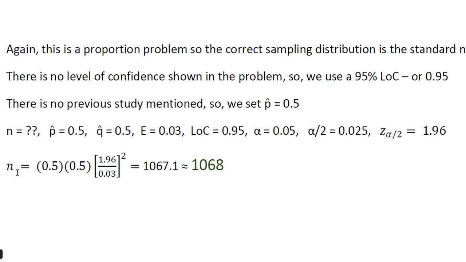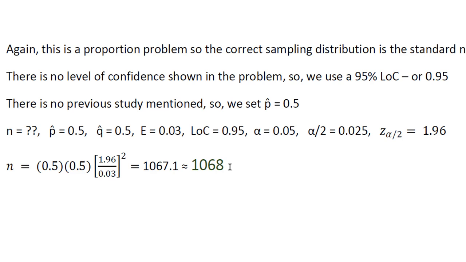We pop that in the formula, and n is equal to p hat times q hat times z sub alpha over 2 over E, squared. And when I do all the math, I get 1067.1, which is approximately equal to 1068. So that would be my minimum sample size.